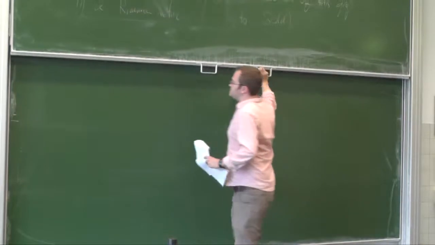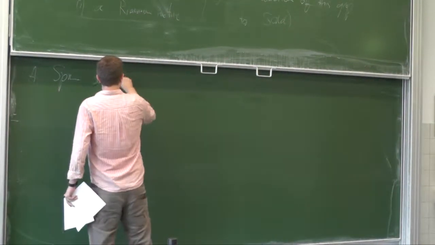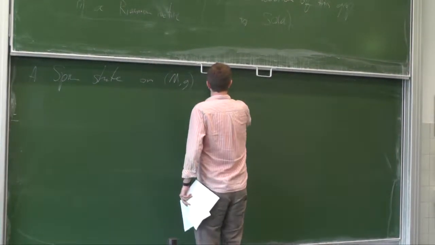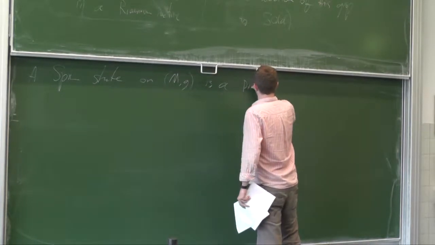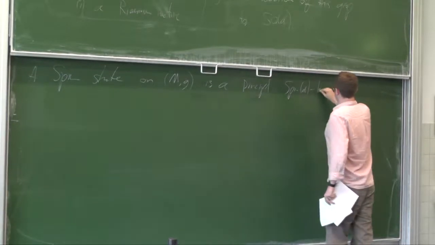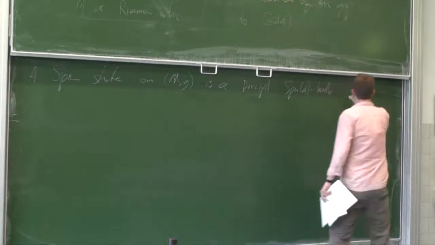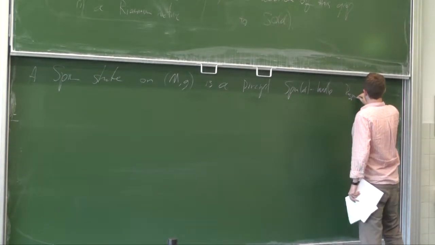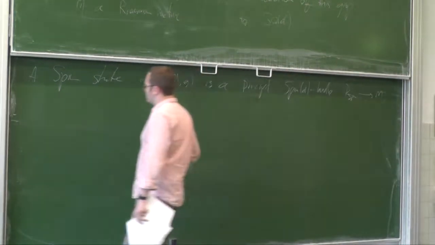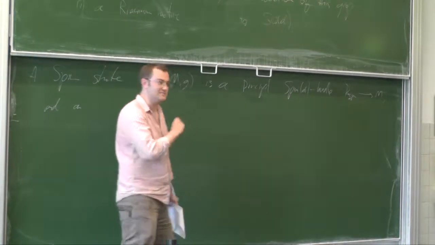So, a spin structure on M, with the metric, is a principal Spin(d) bundle, which I call P_Spin over M, and an isomorphism of the underlying SO(d) bundle with the standard one.